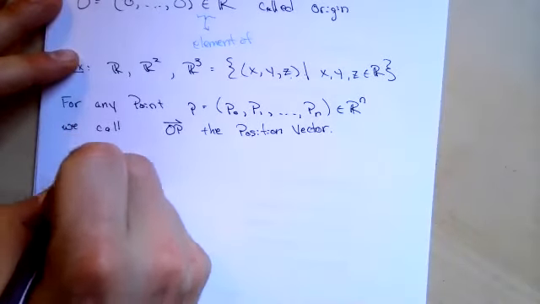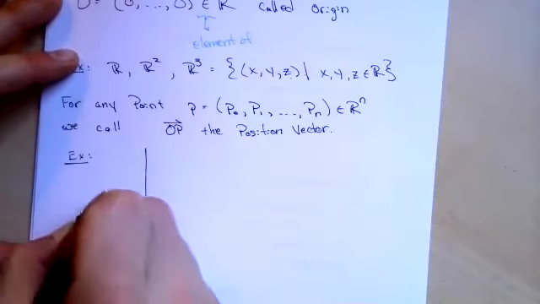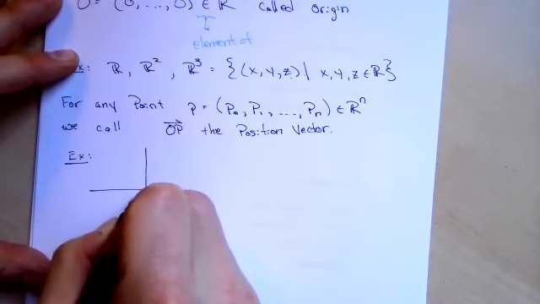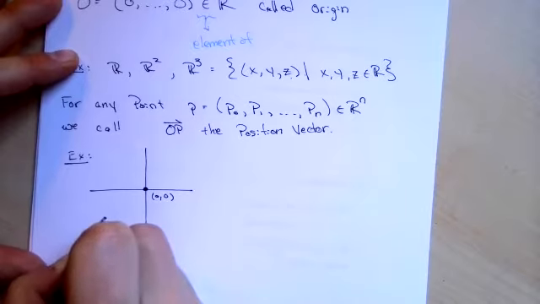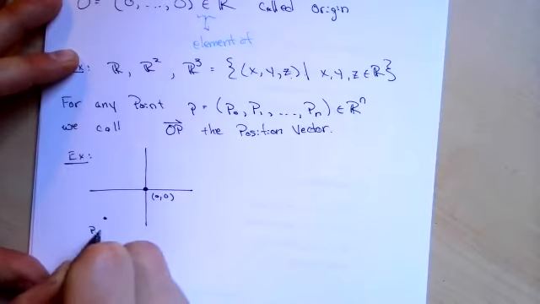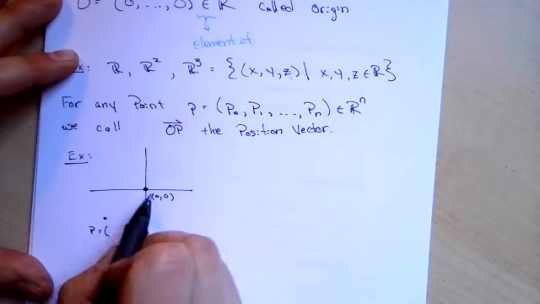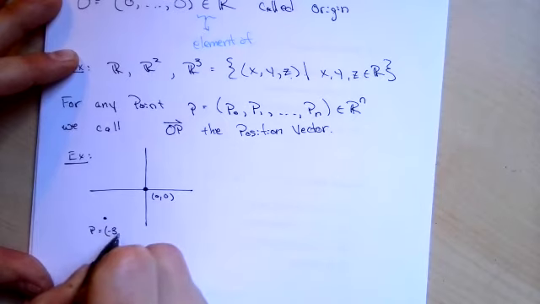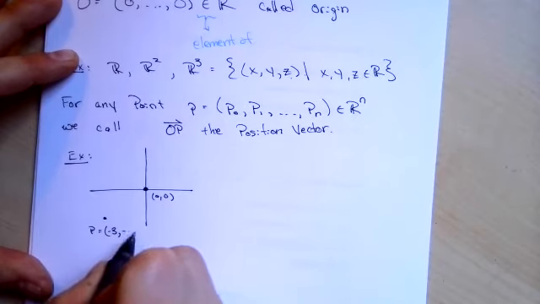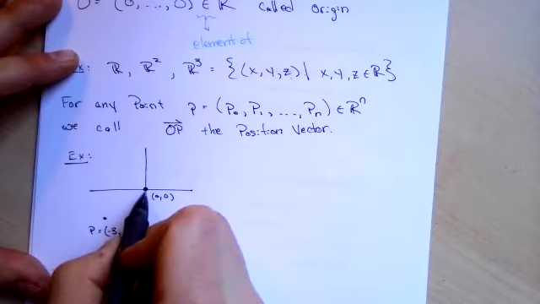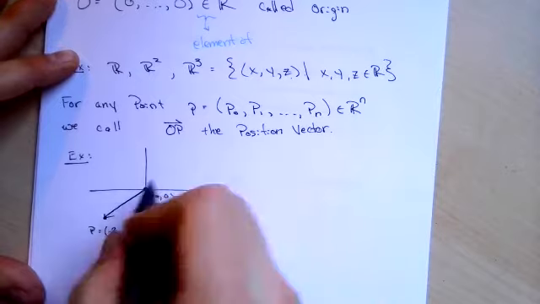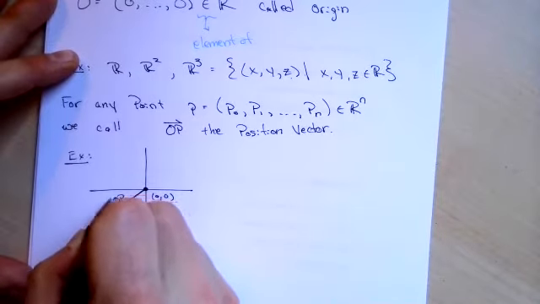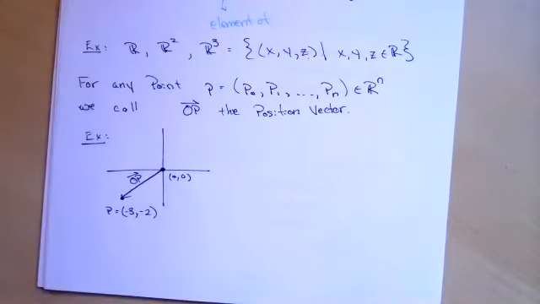For example, two dimensions are easiest to draw. Here's our origin, 0, 0. We might have some point P here, and let's give it coordinates -3, -2. Then this vector here, we would call the vector OP, and we draw it exactly like that.